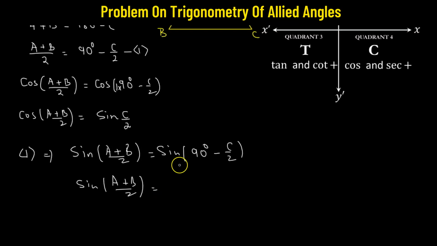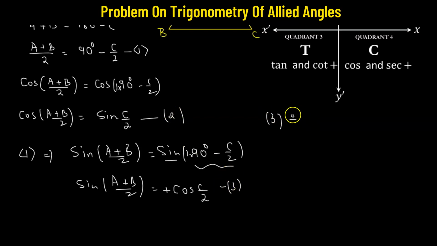But on the right hand side, we have an odd multiple of 90 degrees, so the sine will get transformed to cosine, and we get cosine of C over 2. This is still going to lie in the first quadrant where everything is positive. We're going to label this as equation number 2 and this one is equation number 3.